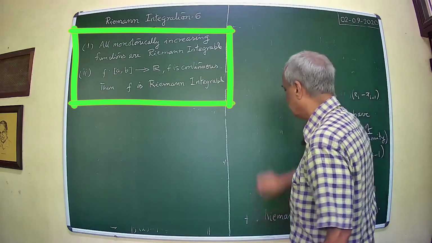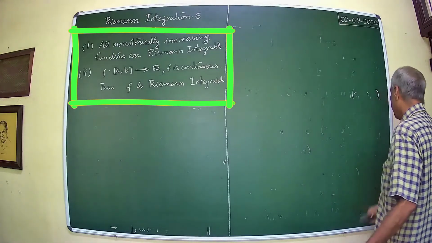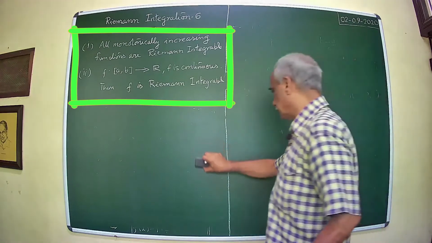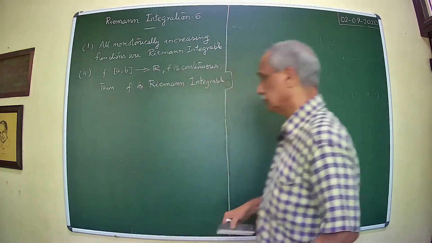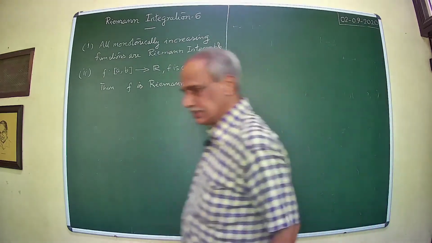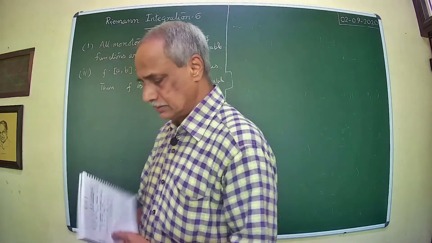And if f is Riemann integrable, minus f is Riemann integrable, that I think we will be proving soon. Now we look at some examples and see how we go about working on these results.